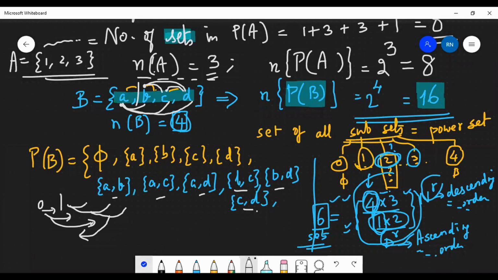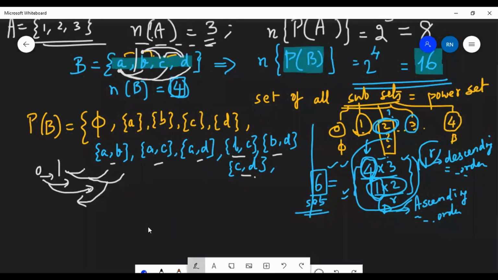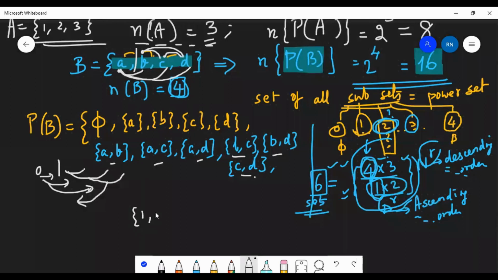For example, is it working for the previous sum? Out of 3 elements, for example 1, 2, 3, I want to make 2-member subsets. How do you do it? Create a fraction, start descending order, start ascending order.